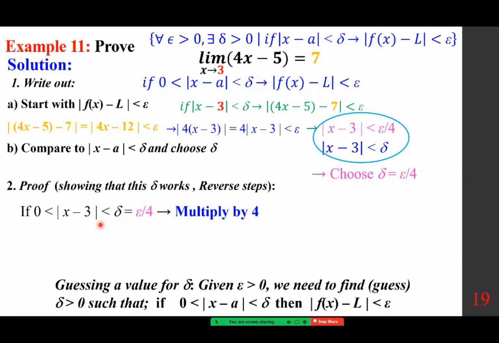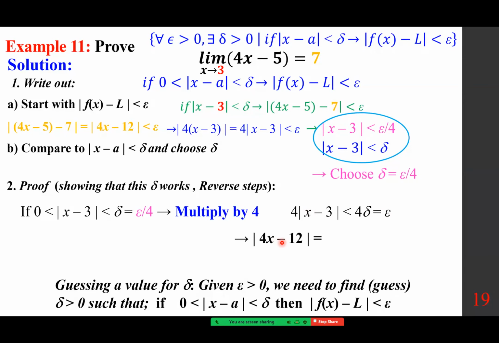So if I multiply, and remember 0 is not important because it doesn't change, right? So I multiply this one by 4, this one by 4, this one by 4. When I do that, this becomes epsilon. This is what I'm interested in. So I use epsilon. 4 times x minus 3 in an absolute value sign is equal to epsilon. And I'm going to take the 4 inside, make it 4x minus 12. Remember what I want. I want this.